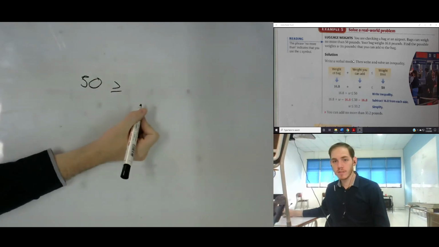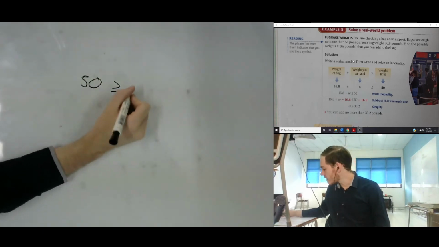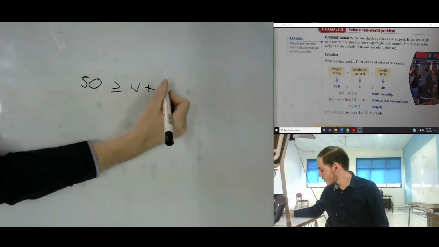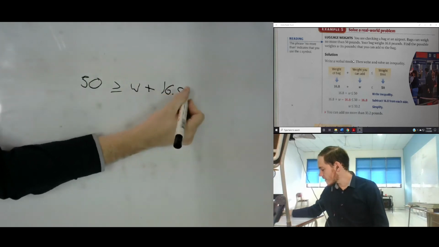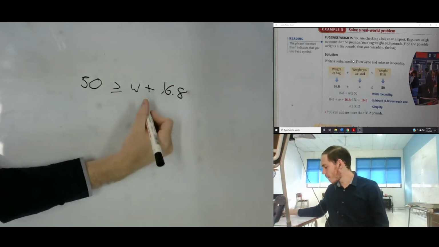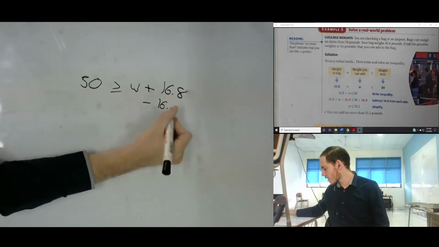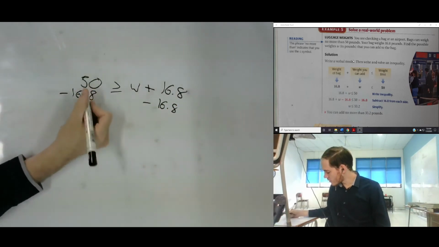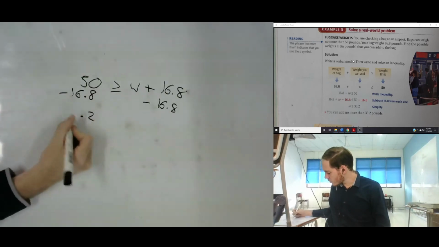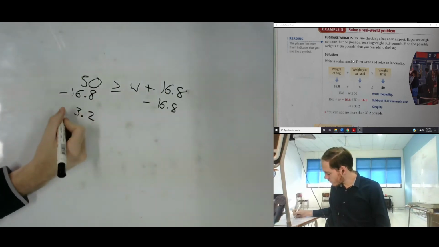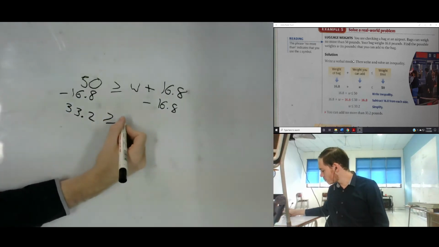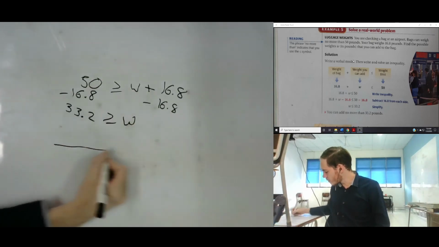And your bag weighs 16.8, so W plus 16.8. So what do we need to do? We need to subtract 16.8 from both sides. That would give us 33.2 is greater than or equal to W.